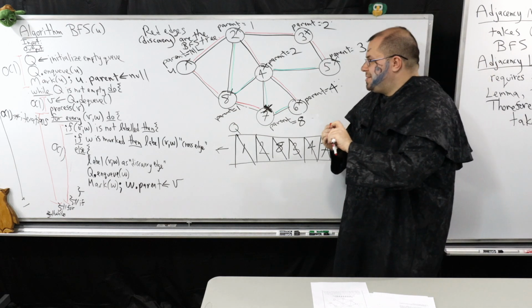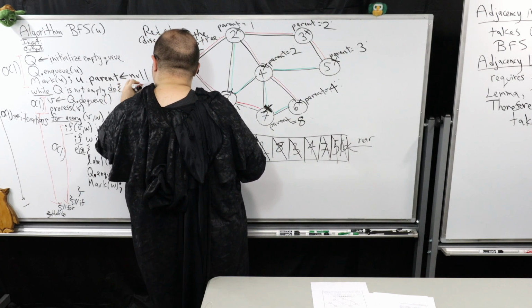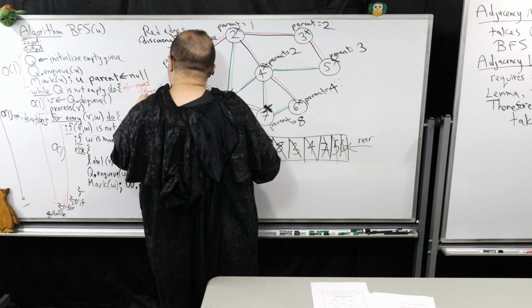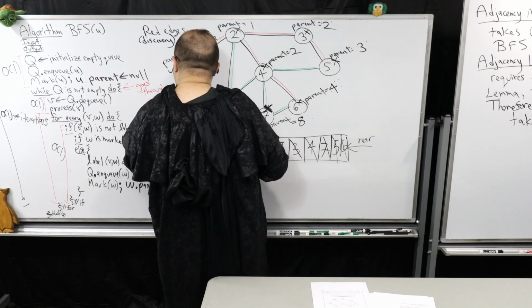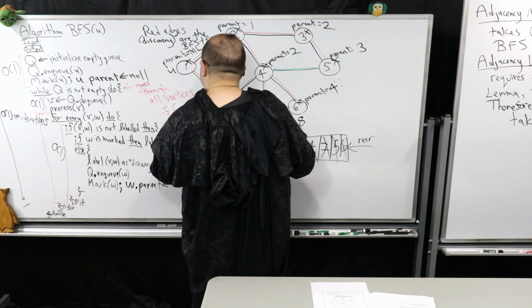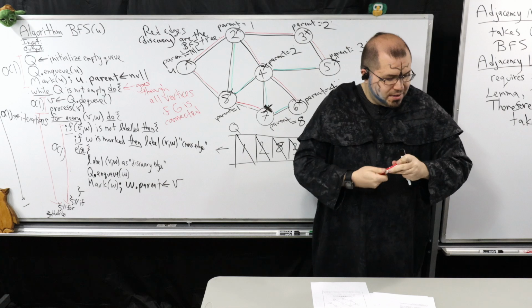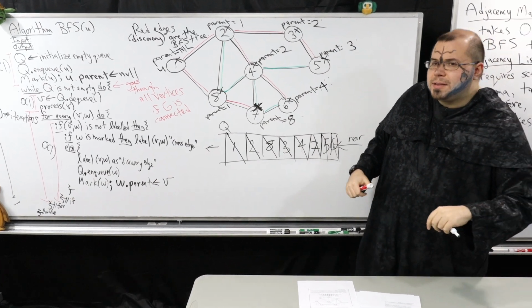Just to make it clear, this goes through all vertices if G is connected. So just keep that in mind. I'm just going to address these two parts that I have not really talked about yet. So let's move on over here.